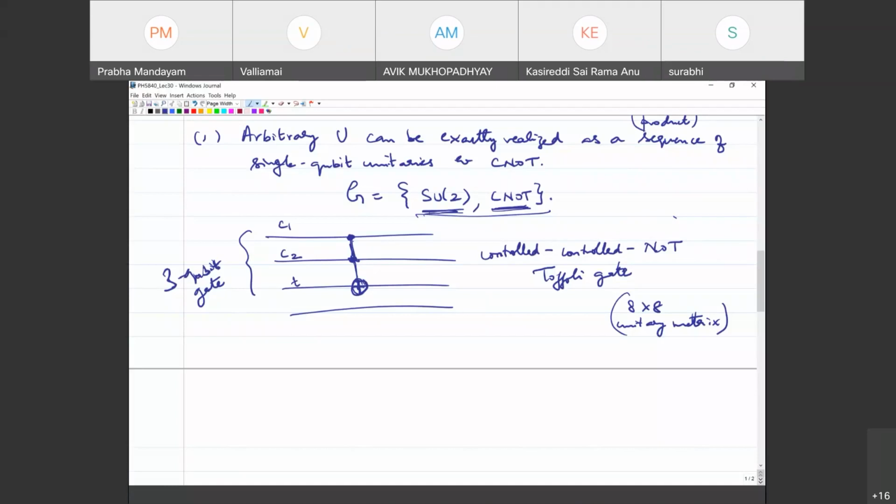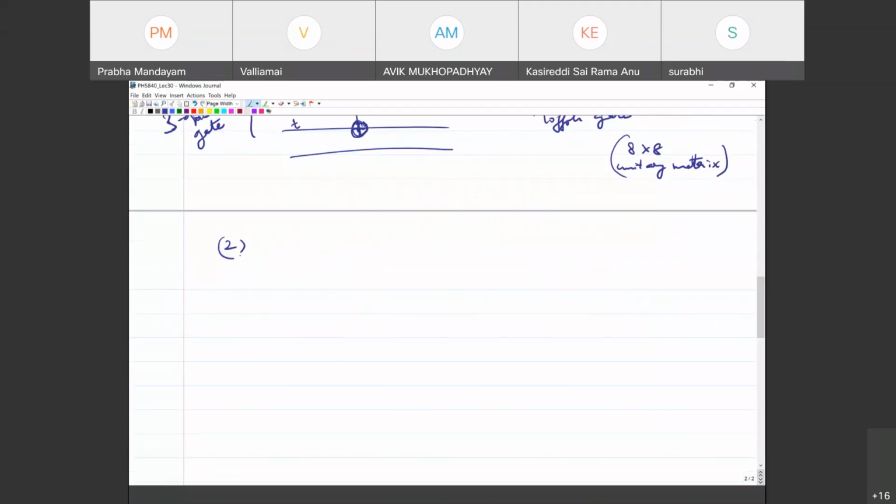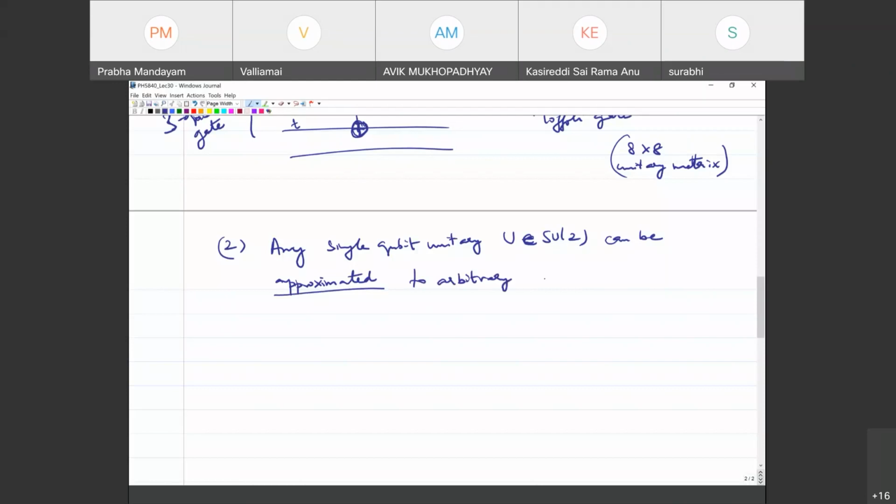So the second step of the universality argument is to say that now any single qubit unitary U belonging to SU(2) can be approximated, now is where the approximation comes in, to arbitrary accuracy using H, S, and T, right?